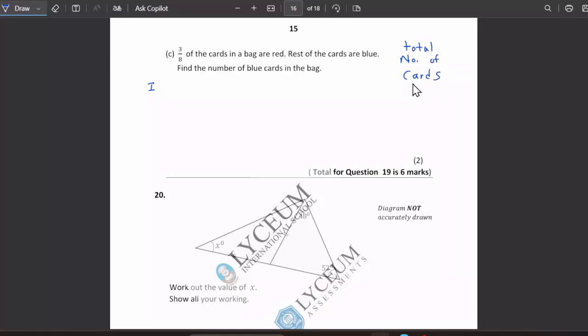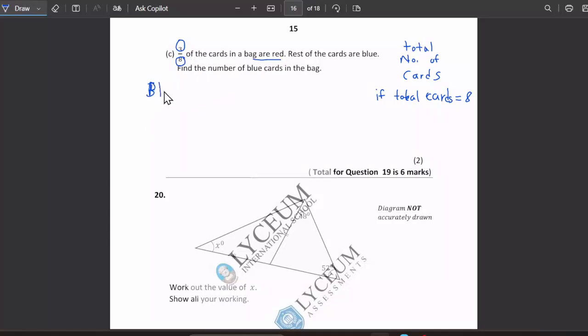So we can assume if there are only 8 cards, total cards are 8, then I can say that from 8, 3 cards are red. So how many cards are left?